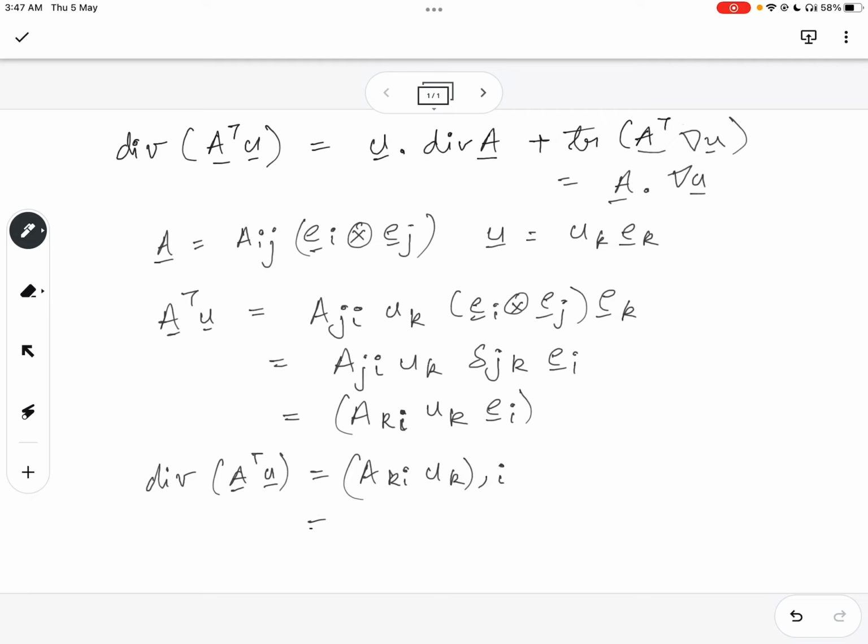So using the product rule, a good discussion on the product rule and the chain rule is given in Gurtin in the second chapter, which relates to tensor analysis. You should look that up. So using the product rule, this is Aki comma i Uk plus Aki Uk comma i. So what is Aki comma i?